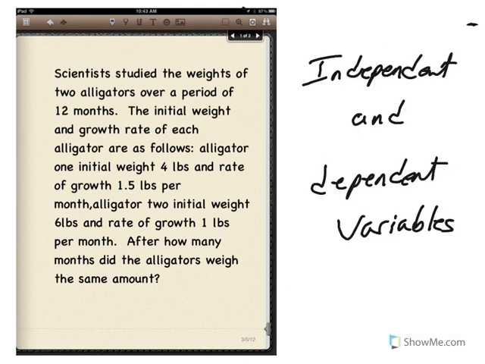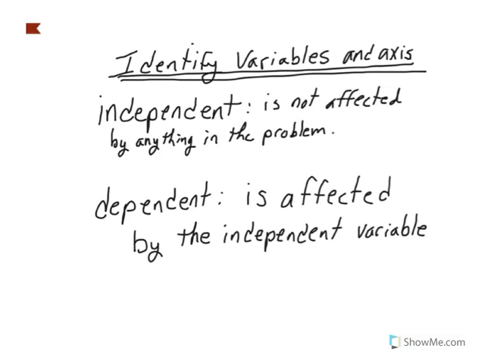Now we have to identify the independent and dependent variables. Let's take a look to see what those really mean. Independent variables are not affected by anything in the problem. Dependent variables are affected by the independent variable.